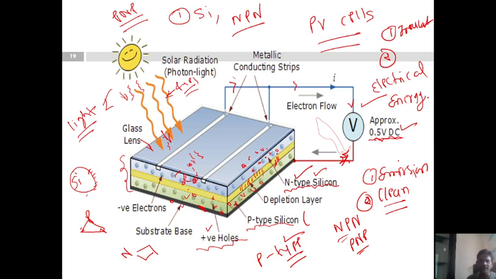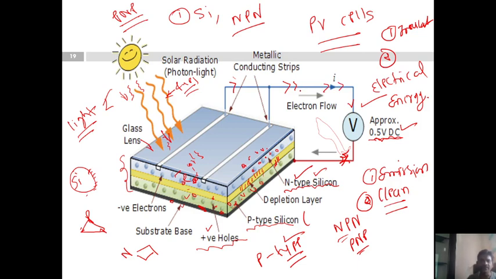This movement of electrons and holes generates electricity, and as long as light strikes the cells, electrons will flow out of the cells. The physical process in which PV cells convert sunlight into electricity is known as the photovoltaic effect.